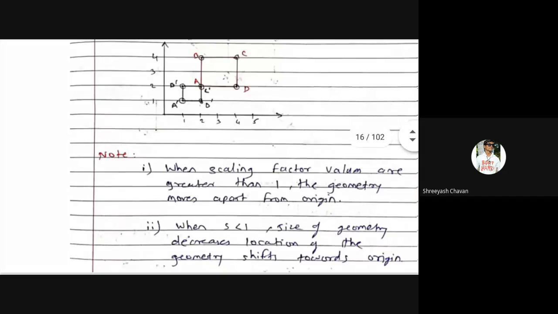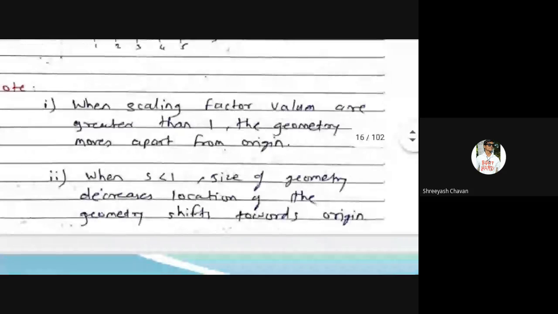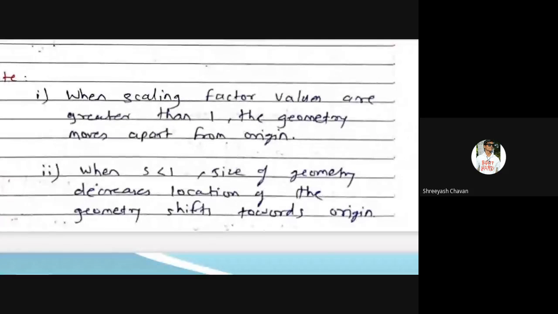Now some notes. When the scaling factor value is greater than 1, the geometry moves apart from the origin. When the scaling factor is less than 1, the size of the geometry decreases and the location of the geometry shifts toward the origin.